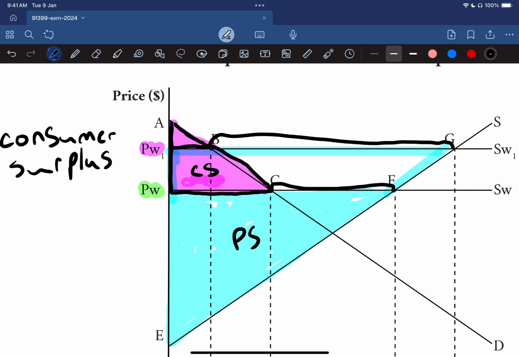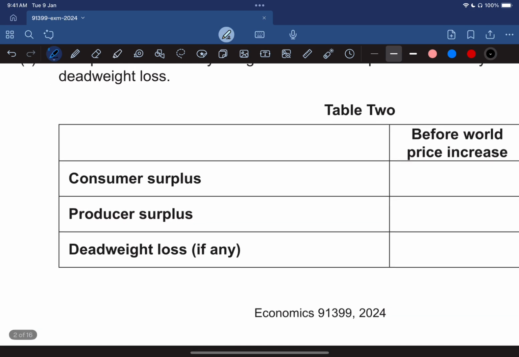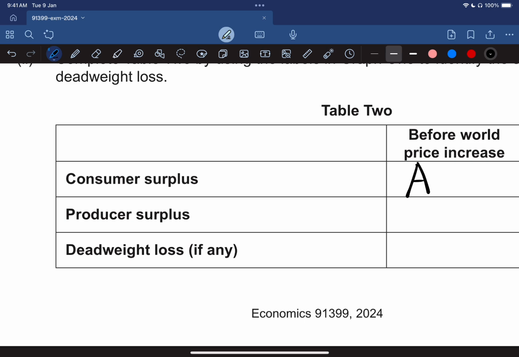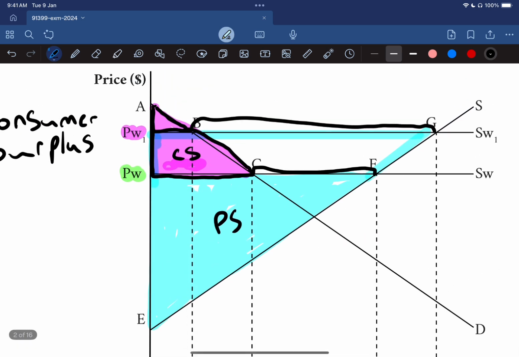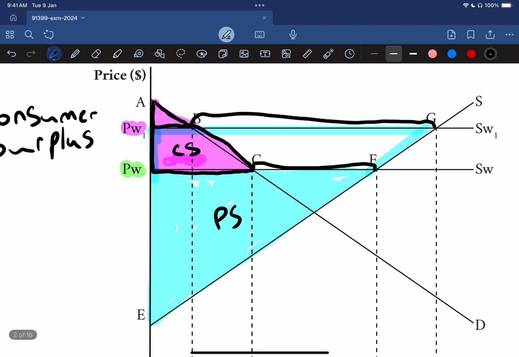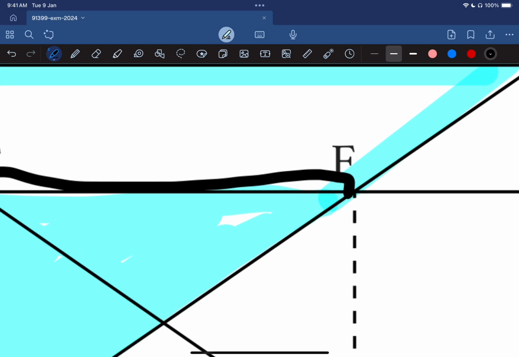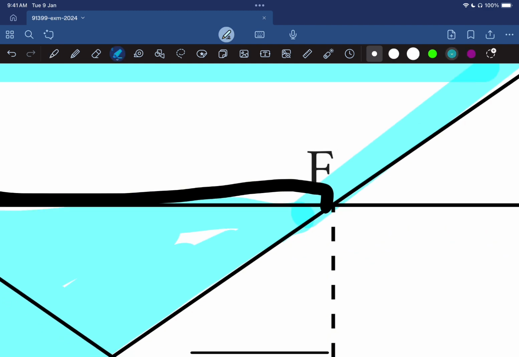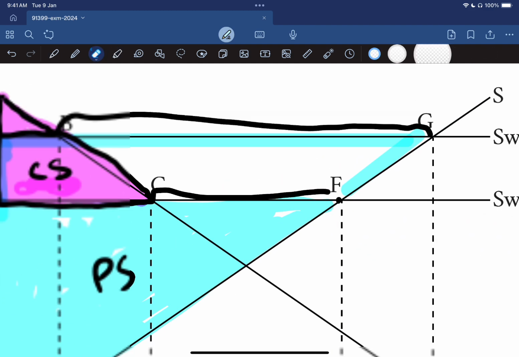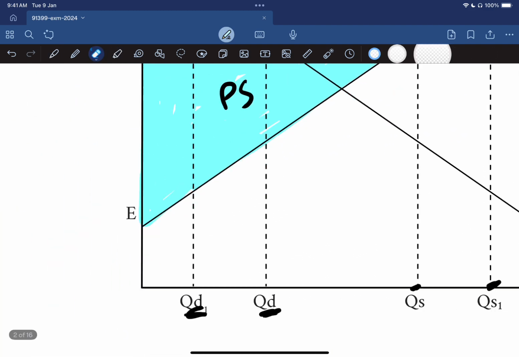So the area was going to be A, C, PW. So we'll go and write that in now: A, C, PW. And our producer surplus was going to be PW to, I think that's an F, guys, yeah, to an F, to E. So PW, F, E.